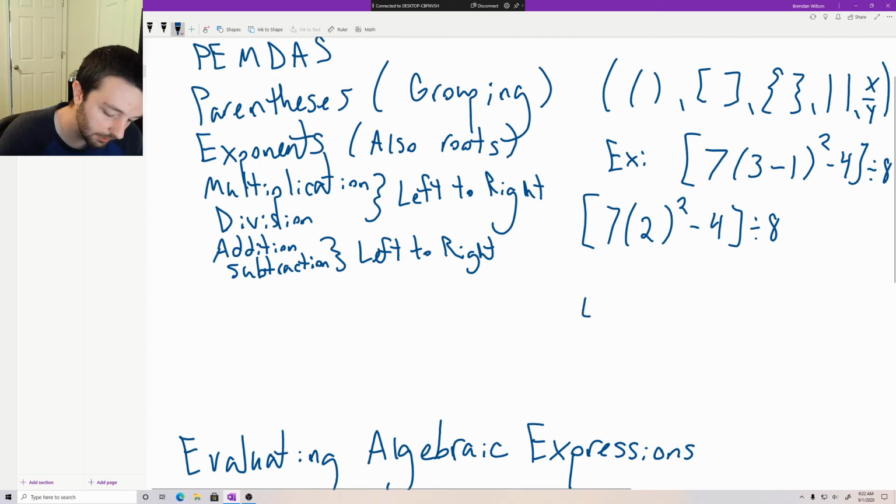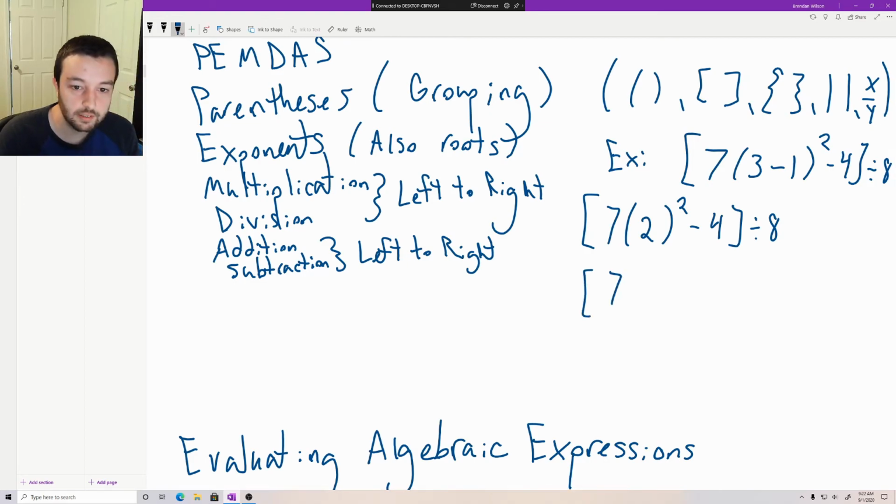So we do the exponent. 2 squared is 2 multiplied by itself, so 2 times 2 in this case. Remember, for the exponent you're multiplying it by itself. Here it happens to be the same thing. But if you had 3 squared, remember you're doing 3 times 3. You're multiplying by itself.